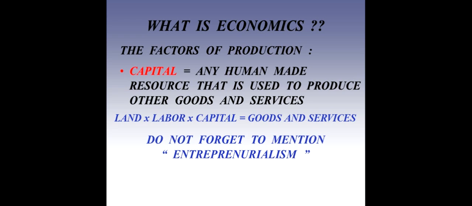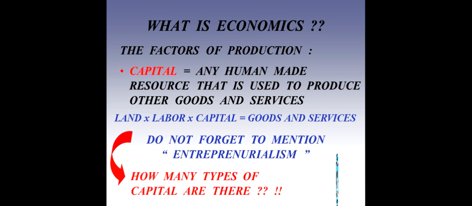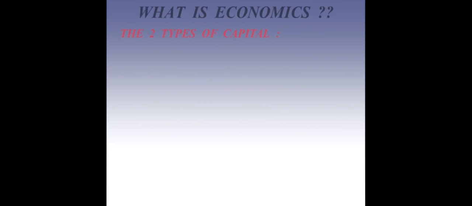As I'll show you here, classically, we do it in a different form. When I mentioned a few moments ago that we'll be looking at capital in further detail, we actually include entrepreneurialism under capital as a certain type of capital. And that leads us to a question here, well, how many types of capital are there? And let's talk about that.